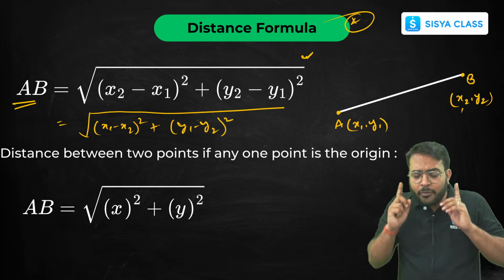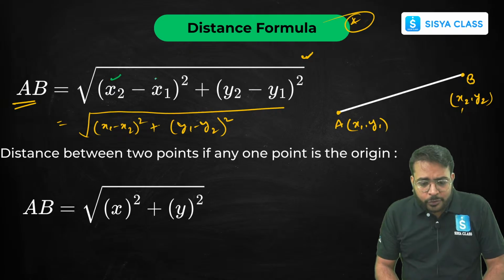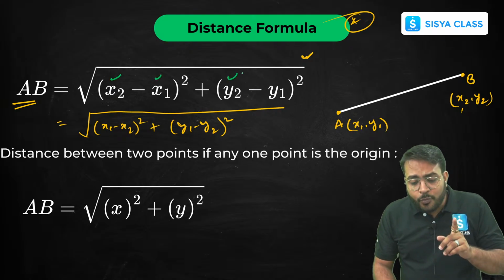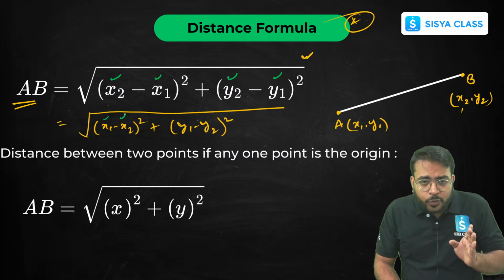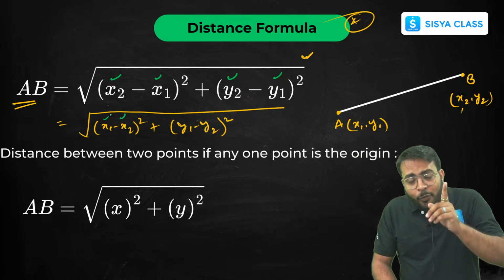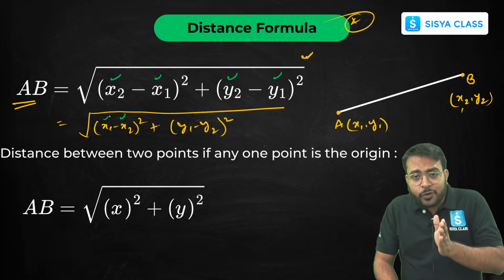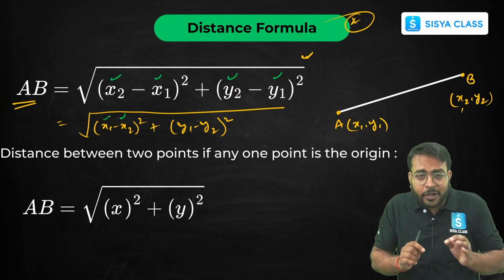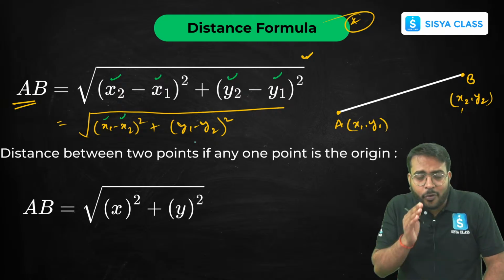But remember one thing: if you take x2 minus x1, then you have to do y2 minus y1. If you do x1 minus x2, then you have to do y1 minus y2. Don't do x2 minus x1 whole square plus y1 minus y2 whole square. Both should be done in the same way, for both x and y.